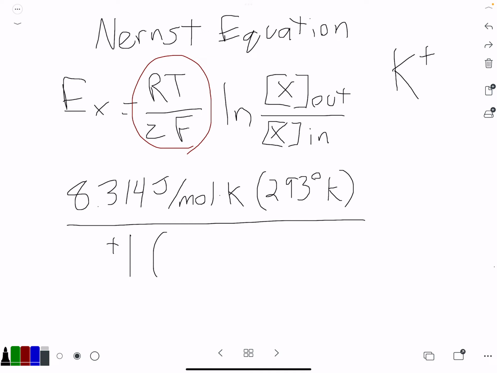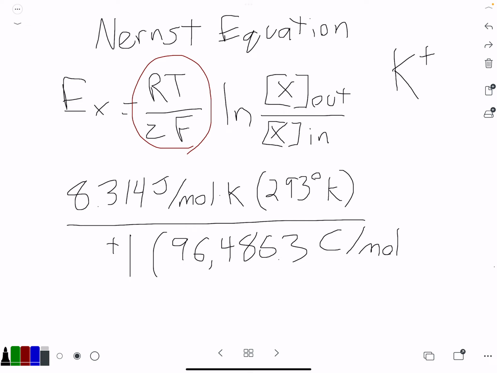And we're going to multiply this by the Faraday constant, which is a quite large number: 96,485.3. The units for the Faraday constant are coulombs per mole.